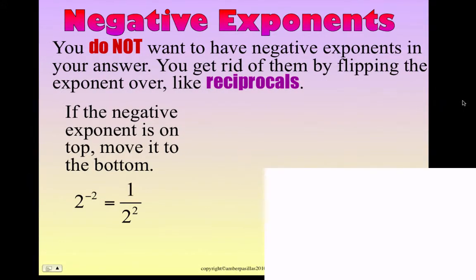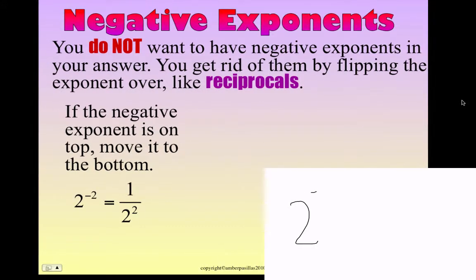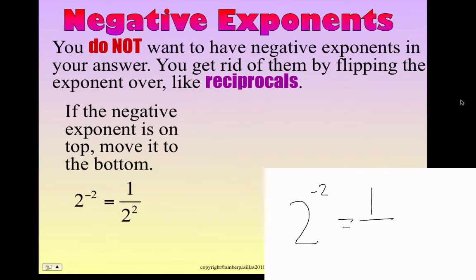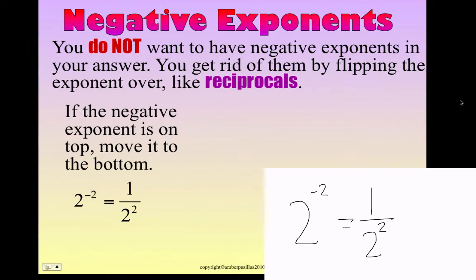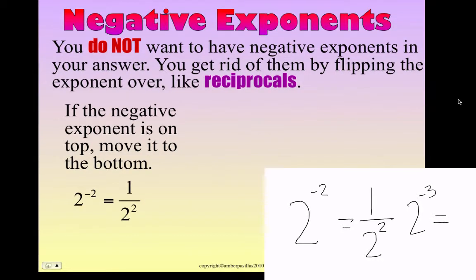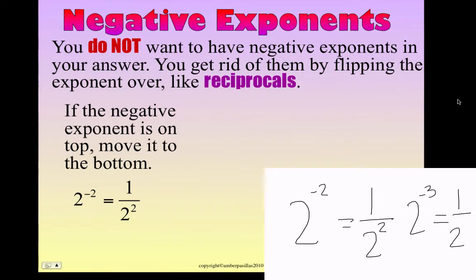So in this example, we have the little negative 2, which really means, help, I'm on the wrong floor, I need to go downstairs. So we move him to the downstairs, and he keeps the same exponent. So if I had 2 to the negative 3, think about what that would look like. Hopefully you wrote this, 2 to the 3rd, which when we do the multiplication would be 1/8.